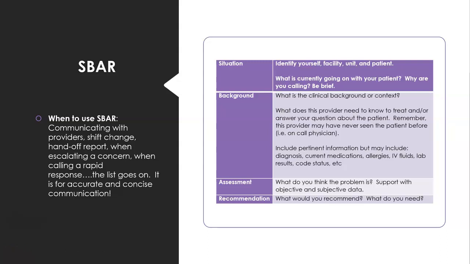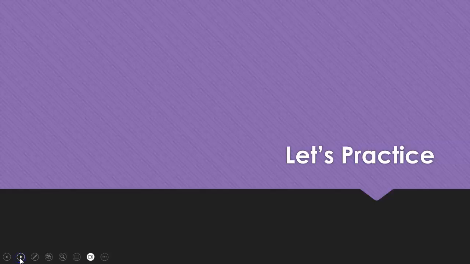Subjective being what the patient says, and objective data like labs and vital signs and what you saw, and then what you recommend and what you need. So that is your standard SBAR and how you will go about it. So from this point on, what we're going to do is practice.